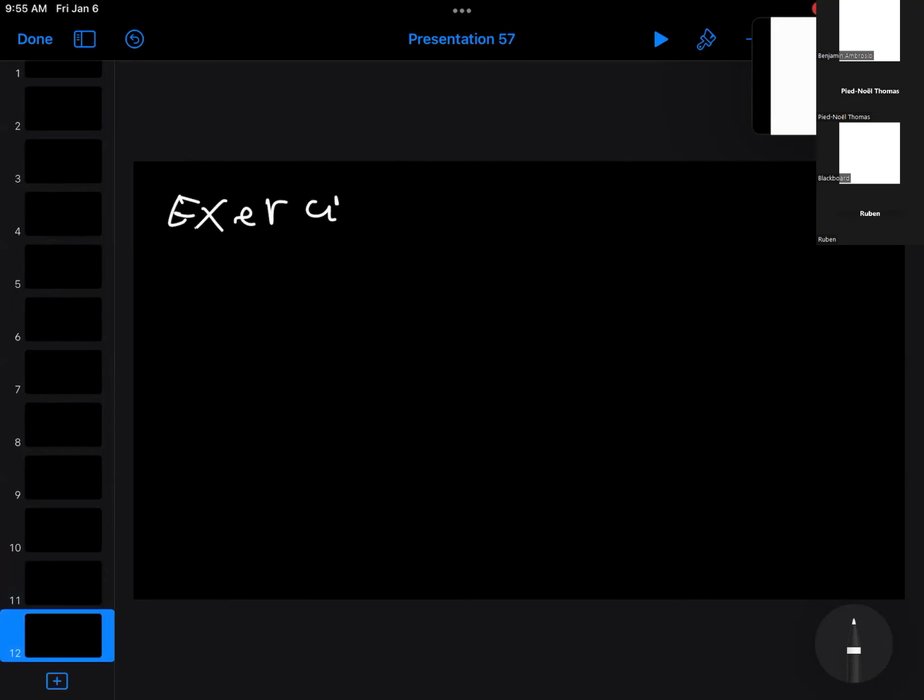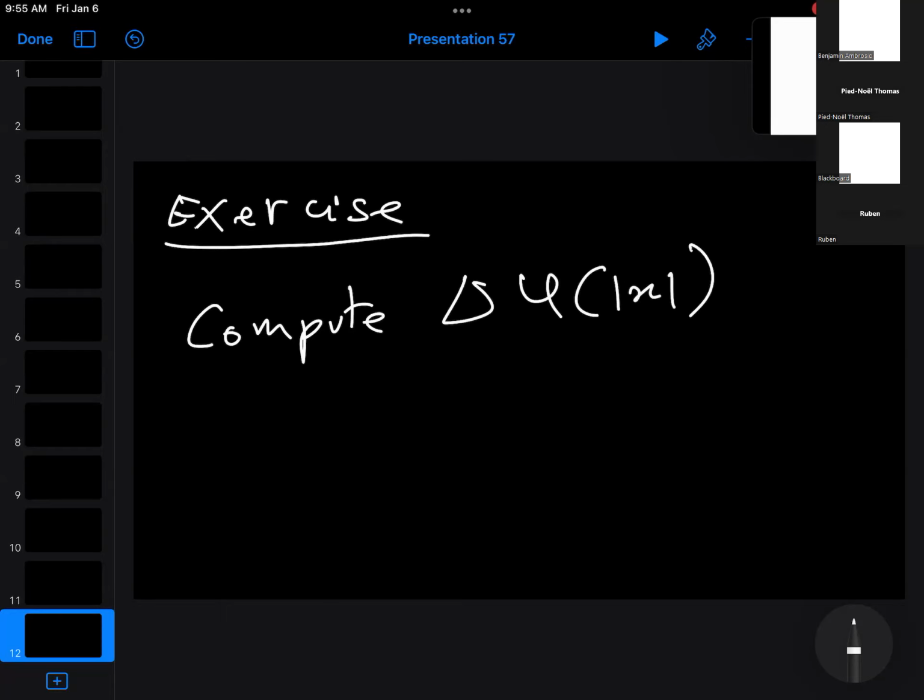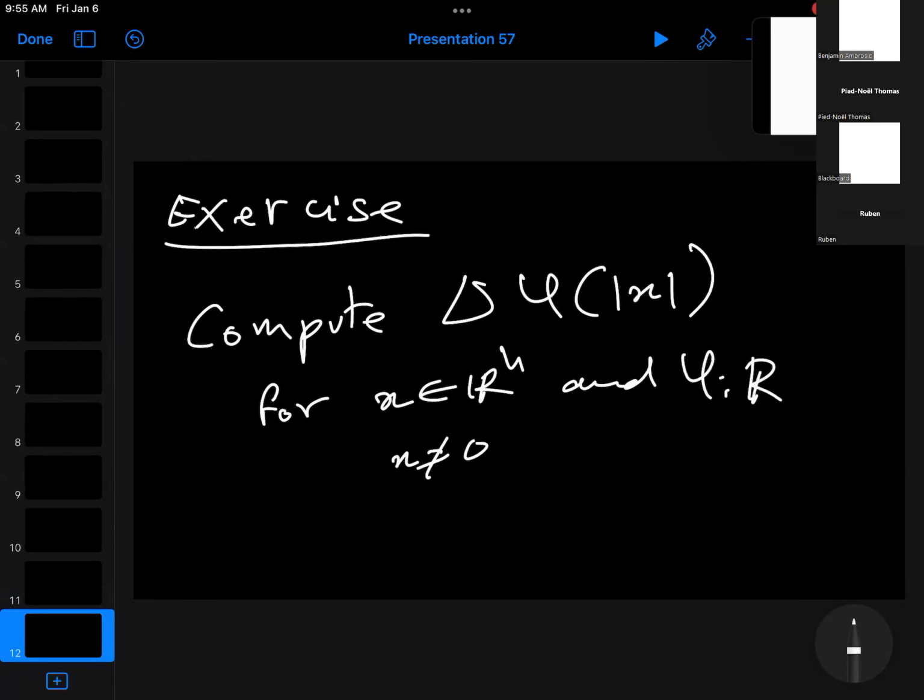Exercise: compute the Laplacian of phi of the norm of x for x in Rn, and we'll assume that x is non-zero again, and phi from R to R. Can you do these computations and look for a nice expression? You can call the norm r, if you want.